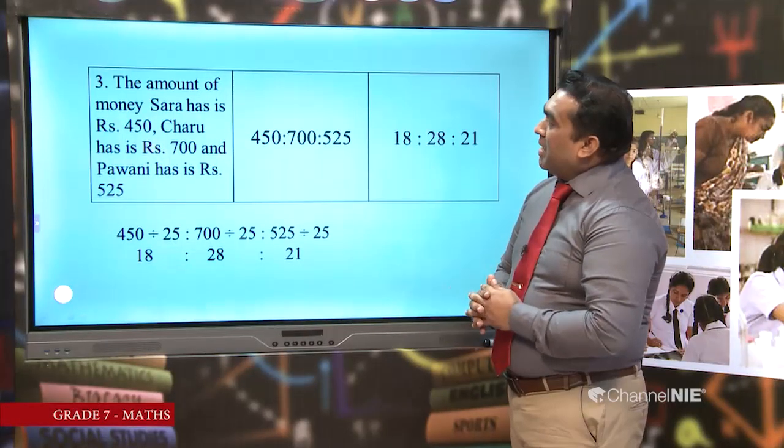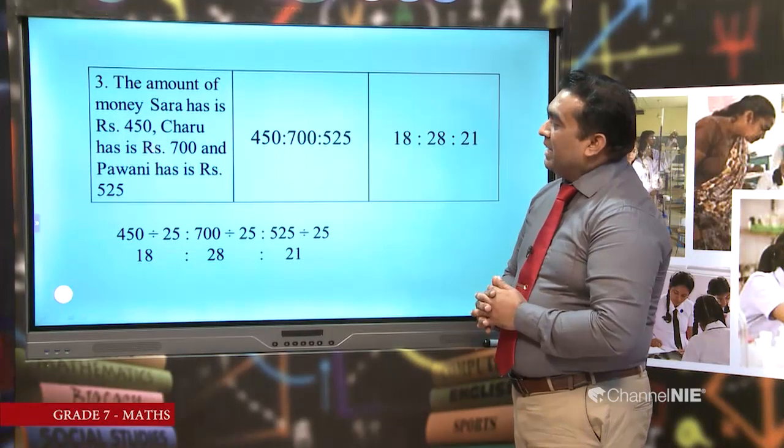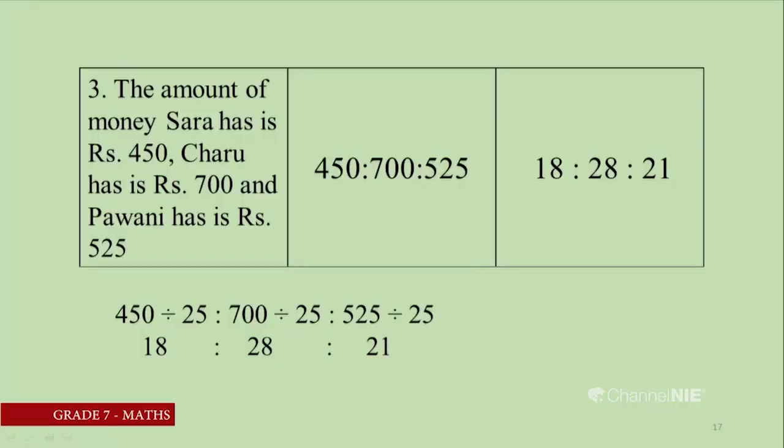The amount of money Sarah has is 450 rupees. Charu has 700 rupees and Pavani has 525 rupees. Now, we divided 450, 700 and 525 by 25.